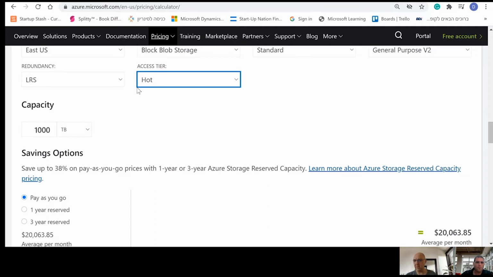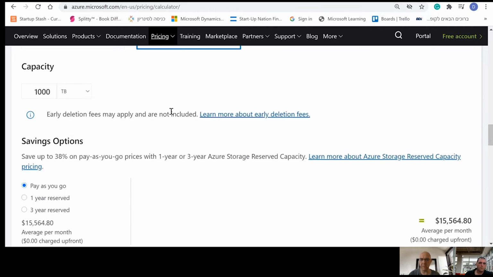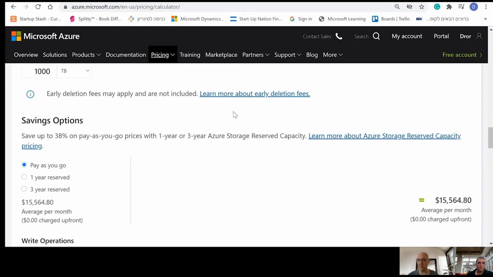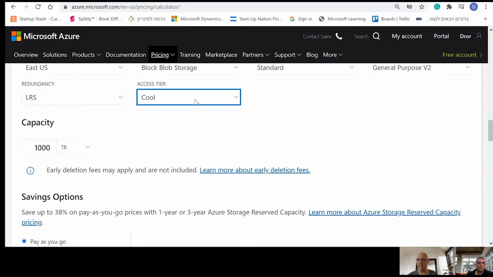Cold storage, and this is the cool part: if you change to cold storage in the calculator, you're going to see that you save a lot of money, about $5,000, which is 25% off. Wow, it's a lot, and again, for a substantial amount of data. The thing about cold storage is that it does not affect your performance. You do not get degraded performance from the storage account.